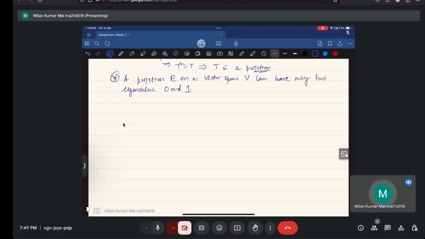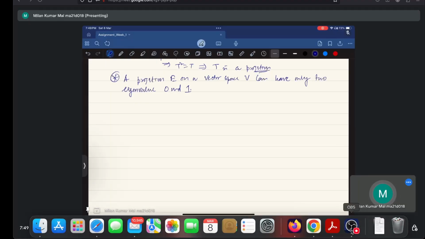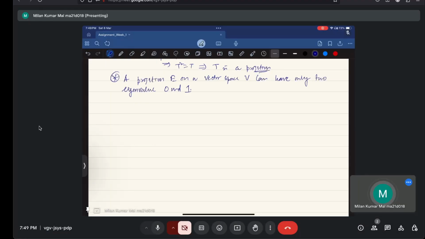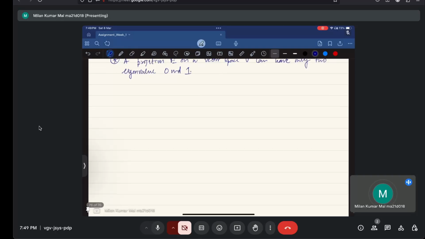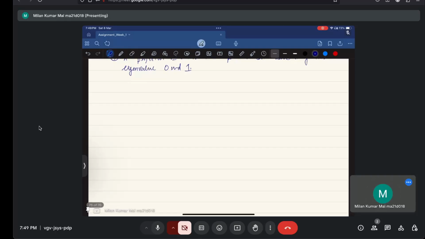These are the only two eigenvalues. If 0 is the only eigenvalue, then the projection is 0. If 1 is the only eigenvalue, in that case, the projection is the identity operator. If 0 and 1 are both eigenvalues, then it is a non-trivial projection. Okay. Now, this is a problem.